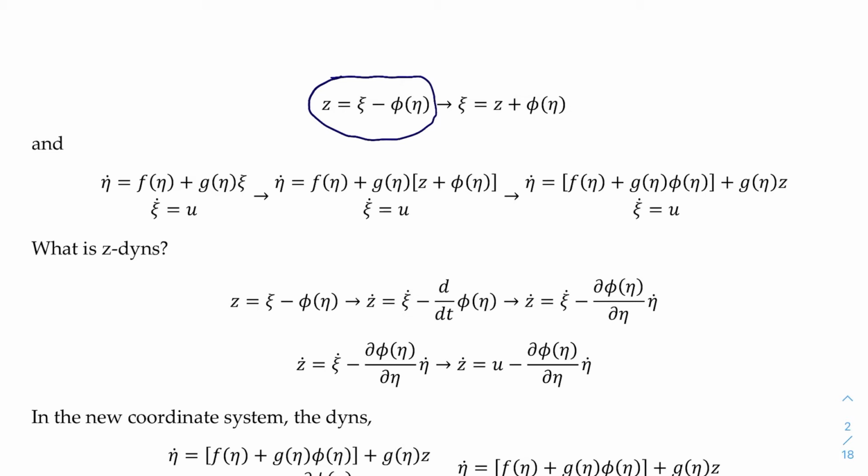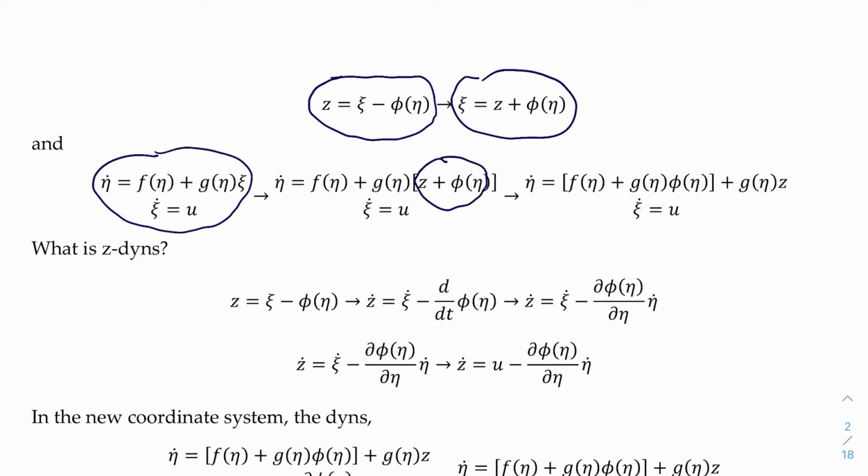Okay, so by a simple algebraic manipulation, we get this, right? So this is our problem. This is our original problem. Instead of writing eta, we write z plus phi.